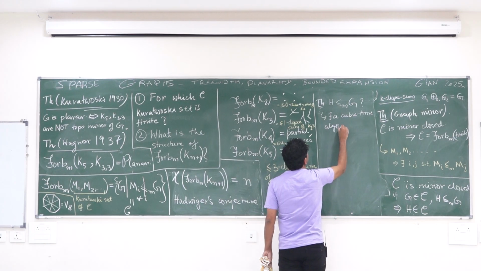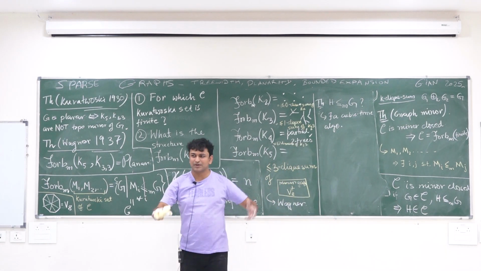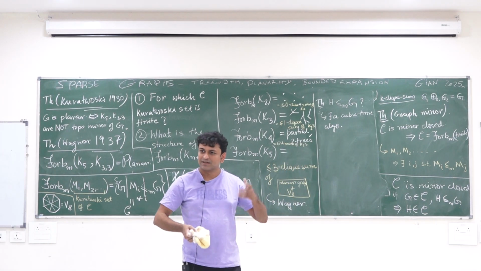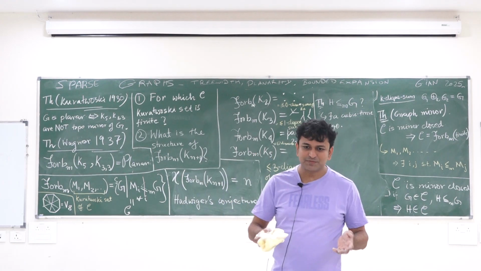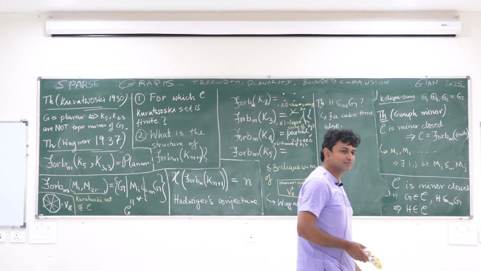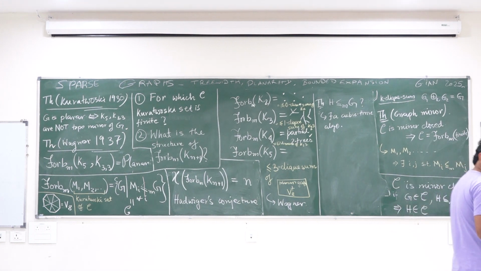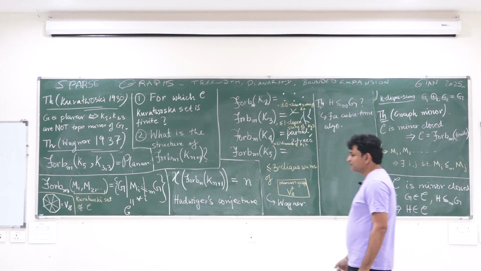If you give me two graphs, H and G, and you ask if H is a minor of G, this problem can be solved in polynomial time, in cubic time. Okay? So it's a cubic time algorithm.